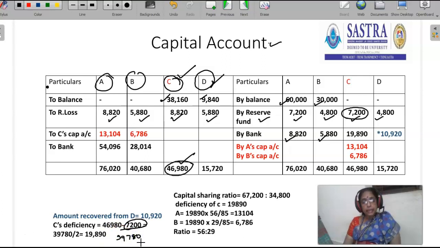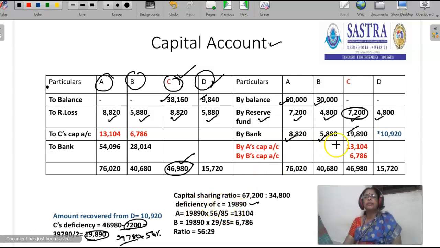He is able to pay 50 paise per rupee. So 39,780 into 50 percent is 19,890. He can pay 19,890. Then the balance 19,890 is the deficiency of C.